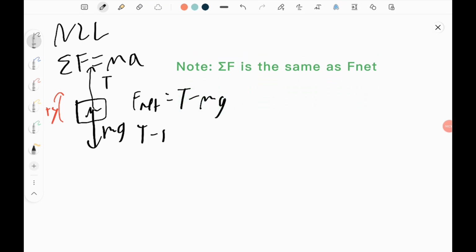And that, T minus mg, is also equal to the mass times the acceleration because both of those are the net force.